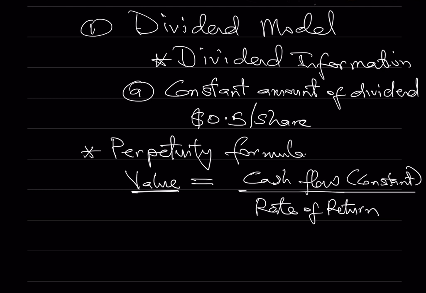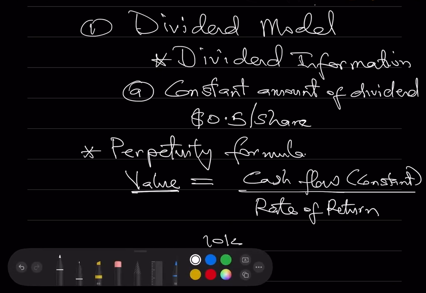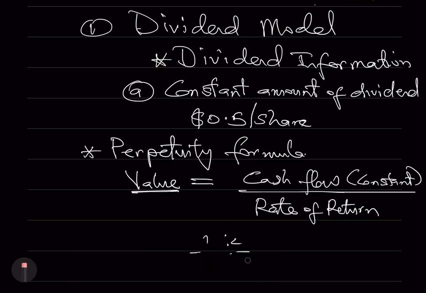You have a company, and this company says they will give you $10,000 every year forever, till eternity. The value of that company to you is that 10,000 that has been promised divided by the rate of return you are asking for. If you're asking for 8%, that will be the value of that company. So it's just 10,000 divided by 8% that gives you the value of that company. That is how the perpetuity formula is used.